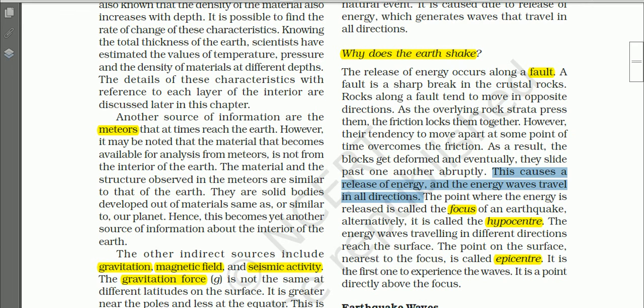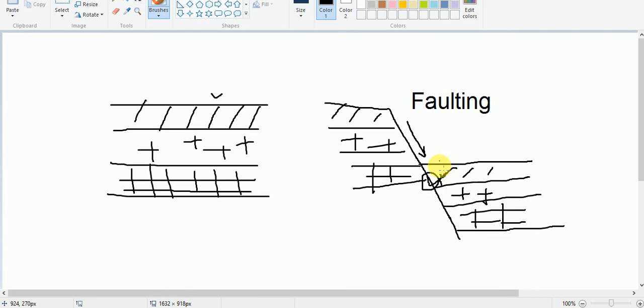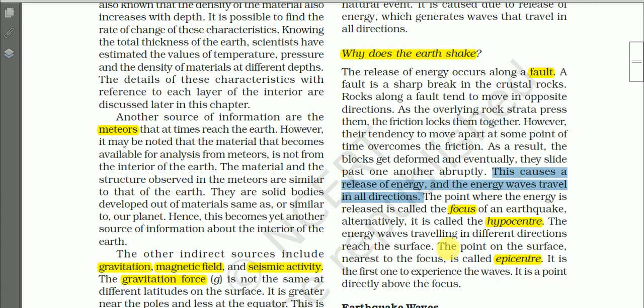Because of this release of energy, these waves propagate in different directions, and because of these waves the earth's surface is shaking and trembling, and that is called an earthquake. That is what is mentioned here in your book.